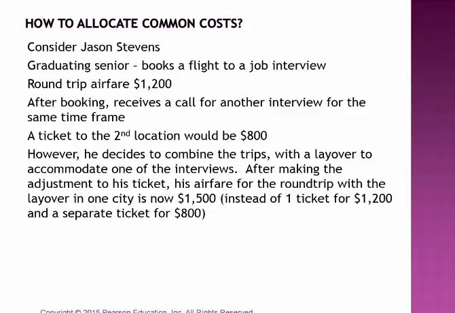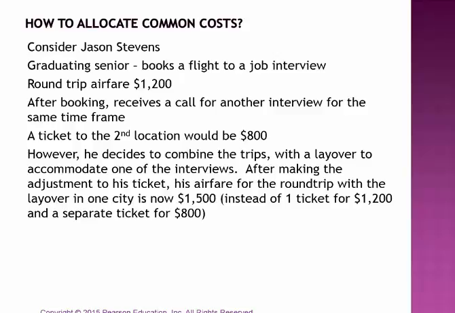After he makes this change to the ticket, his airfare has now gone from $1,200 for the one round trip original ticket to $1,500, which includes the layover. Either way, $1,500 is definitely better than $2,000, which would have been ticket 1 plus ticket 2. So he's saving money for those people that are going to be reimbursing him.